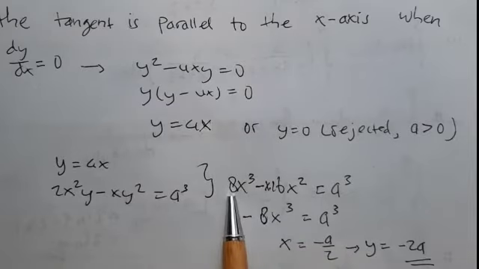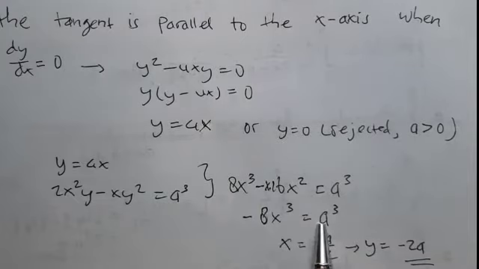Thus 8x cubed minus 16x cubed is minus 8x cubed equals a cubed. Thus x cubed is a cubed over minus 8.